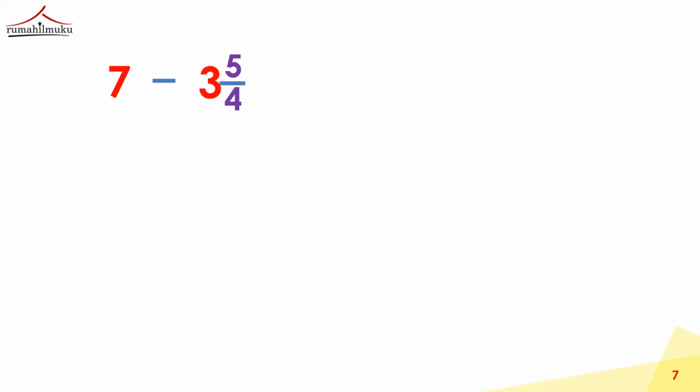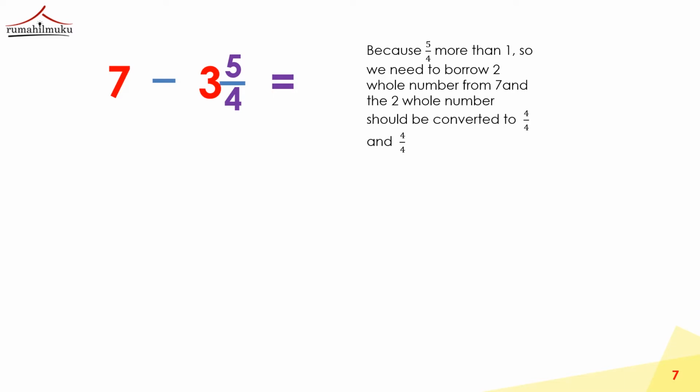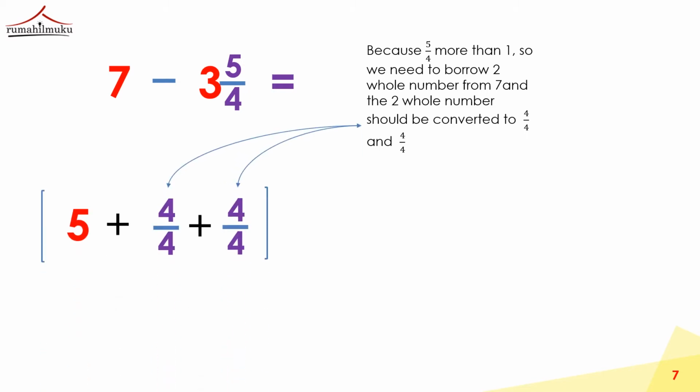So 7 wholes minus 3 wholes and 5/4. Because 5/4 is more than 1 whole, we need to borrow 2 whole numbers from 7, and the 2 whole numbers should be converted into 4/4 and 4/4. So 7 wholes becomes 5 wholes plus 4/4 plus 4/4, minus 3 wholes plus 5/4.